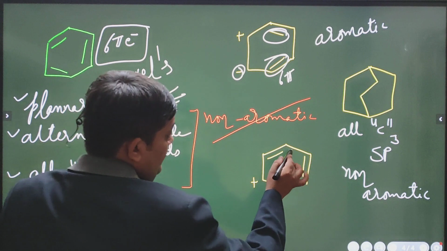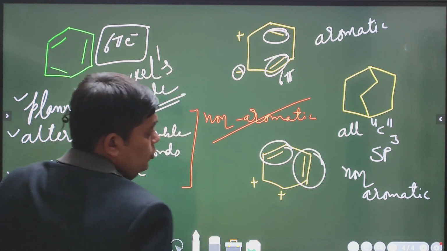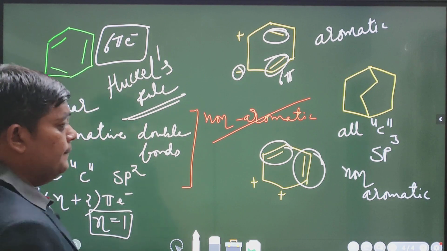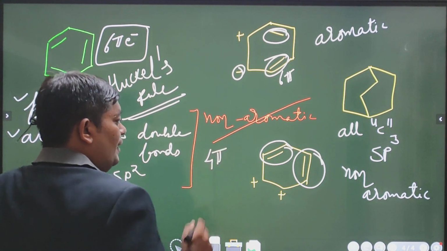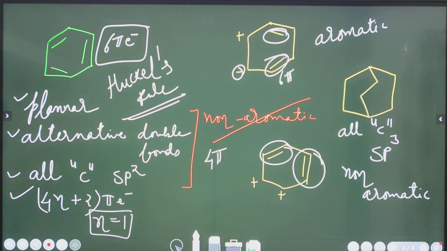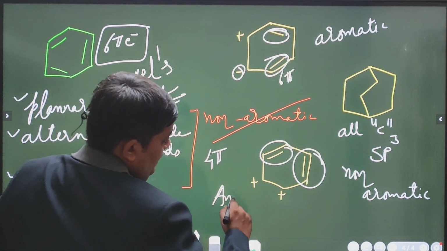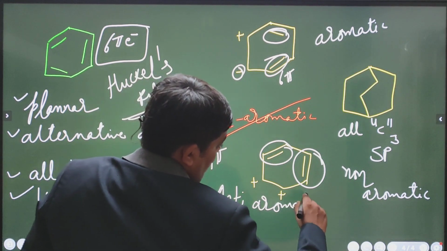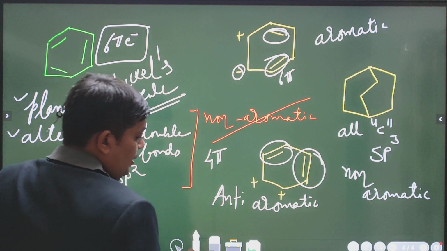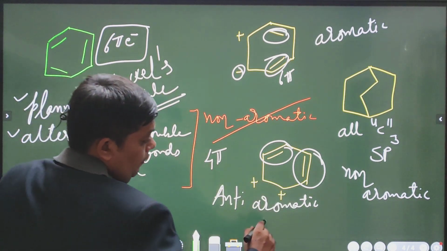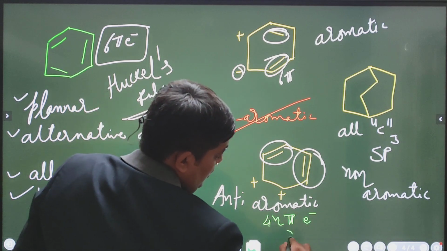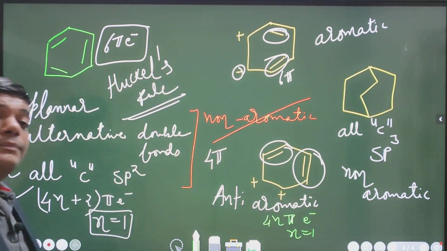And on the other side, 2 pi, 2 pi, 4 pi. And in this particular case, as it is 4 pi, friends, just now we have done that when it is 4 pi, it will always be anti-aromatic, because it follows the rule 4n pi electrons where n is equal to 1.